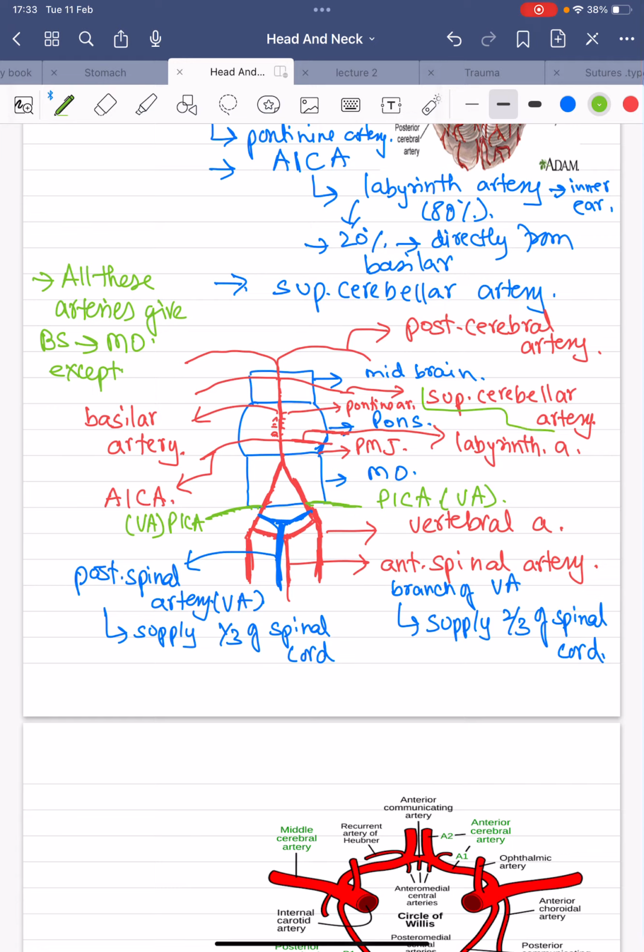So the superior cerebellar artery is not giving blood supply to your medulla oblongata, and all the other arteries are giving blood supply to the medulla oblongata.